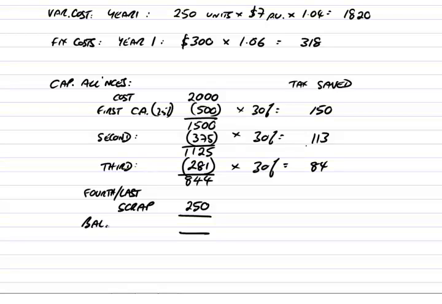Here, a balancing allowance. The difference between the tax written down value and the scrap proceeds we received. So we get this remaining allowance of, I think, 594 in the last year. The tax saving, I get to be 178.